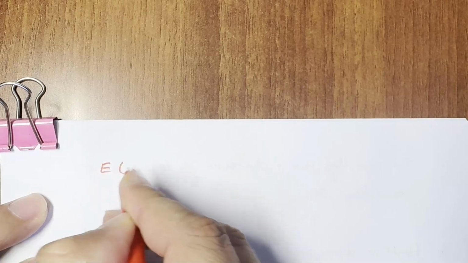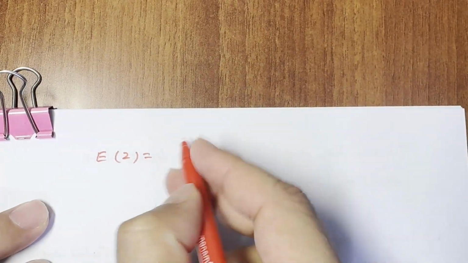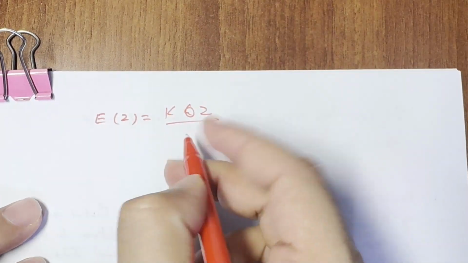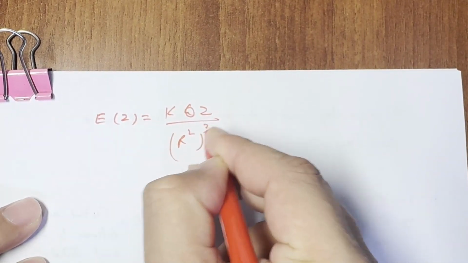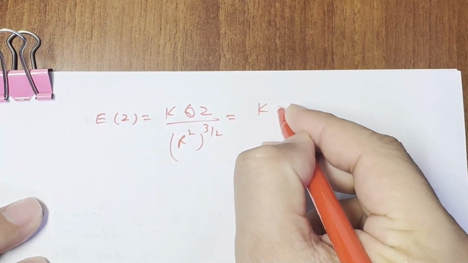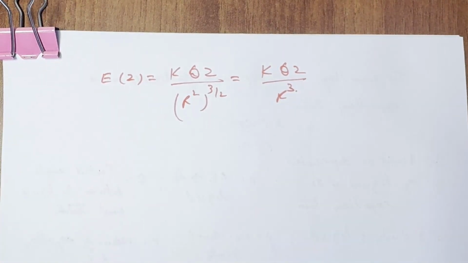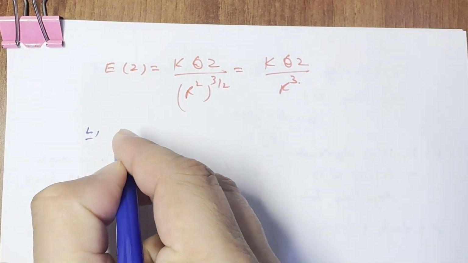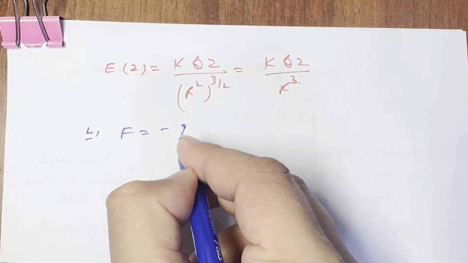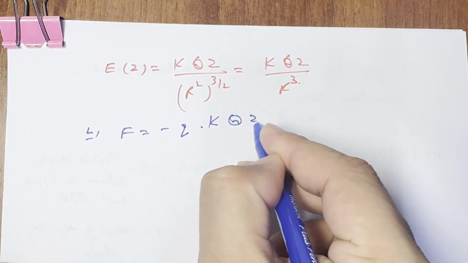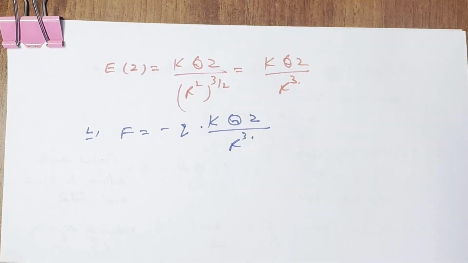Based on this approximation, we can remodify the equation of the electric field: k Q z divided by R^2 to the power 3/2, which becomes k Q z upon R^3. Therefore, force will be equal to minus q k Q z upon R^3.